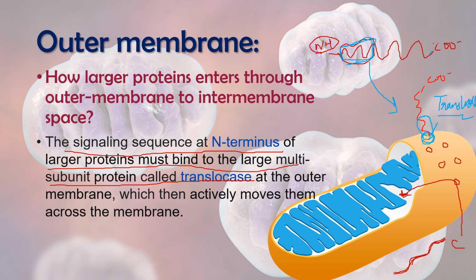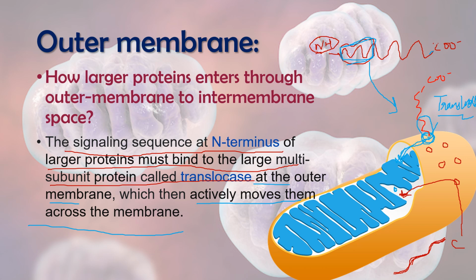Now this translocase at the outer membrane actively moves this large protein across the outer membrane to the intermembrane space. This translocase protein can easily pass large protein molecules inside the intermembrane space.